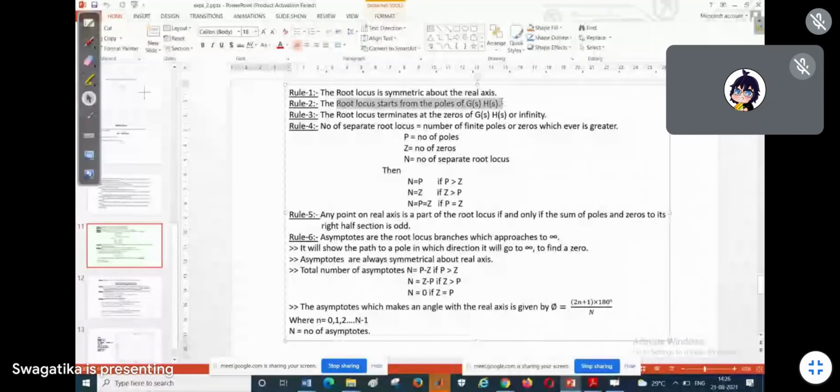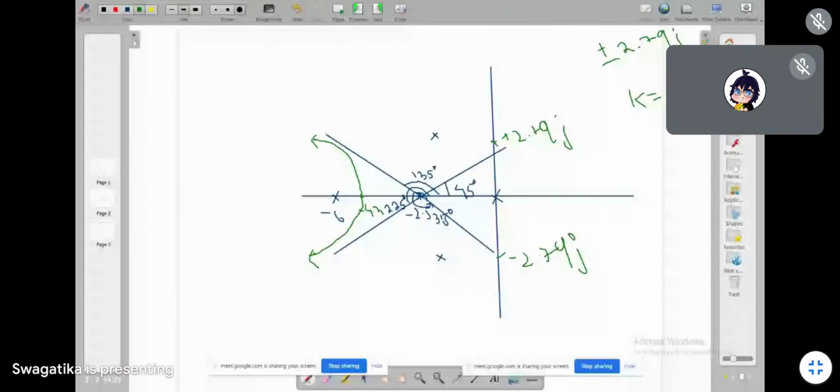So they will start from the poles, like this, and they will cross through this and this.